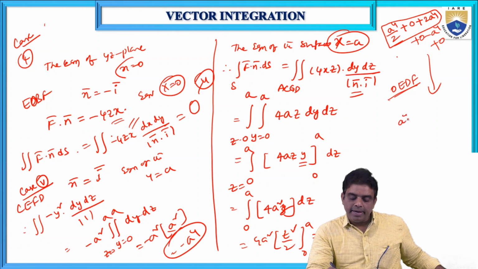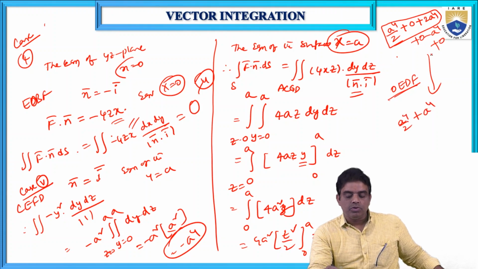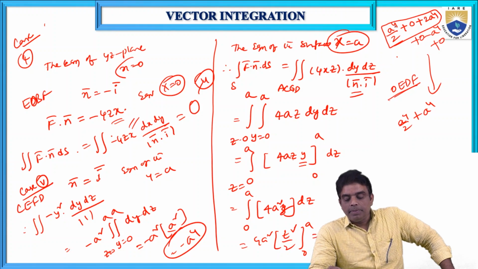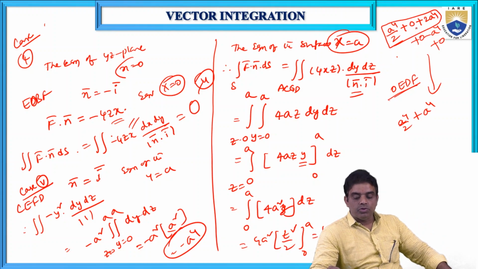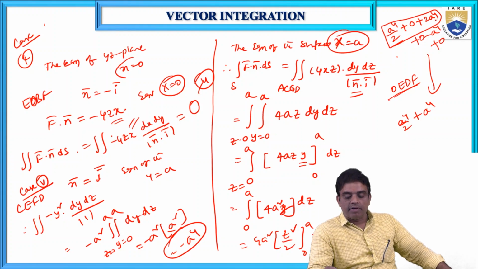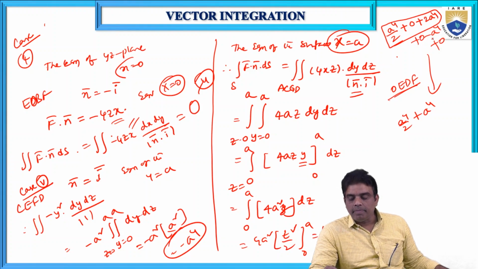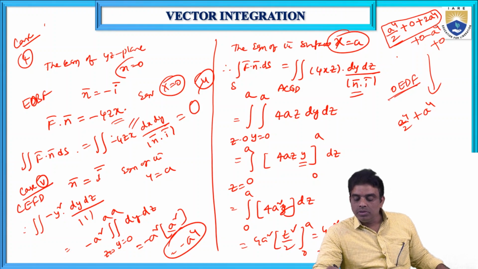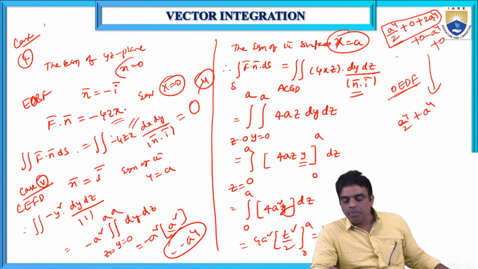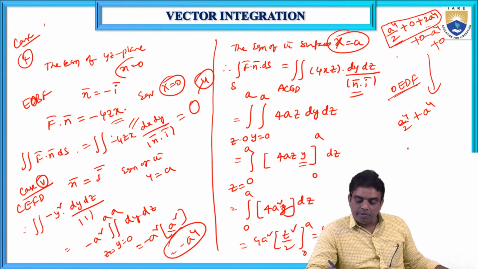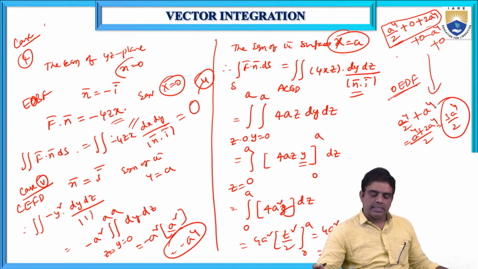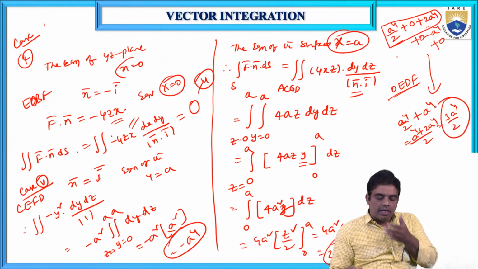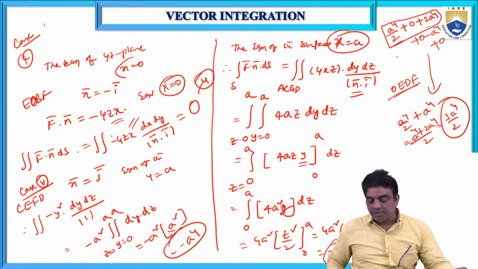I am adding all the values of the surface integrals: a power 4 by 2 plus 2a power 4 minus a power 4, which is a power 4 by 2 plus a power 4, that is 3a power 4 by 2. This is the surface integral over the surface.